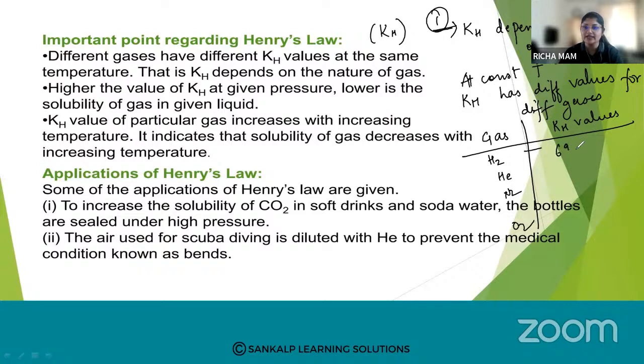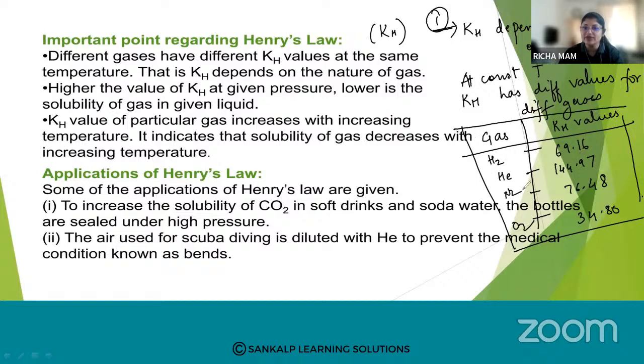For H2, the KH value is 69.16, He is 144.97, N2 is 76.48, and O2 is 34.80. So these are the different values. You can see for H2 the KH value is different, and for He the KH value is different. So it depends on the nature of the gas.